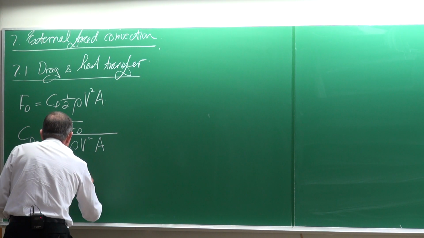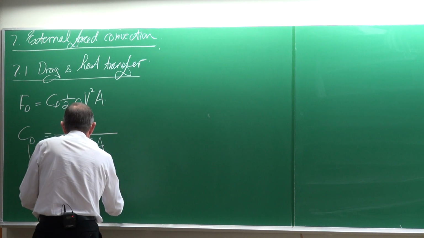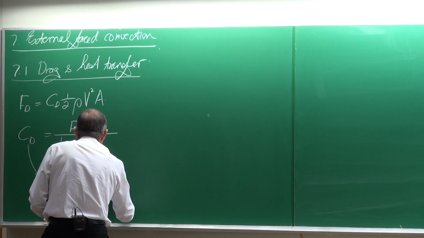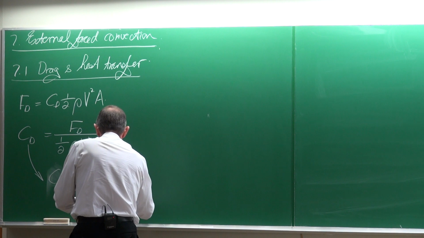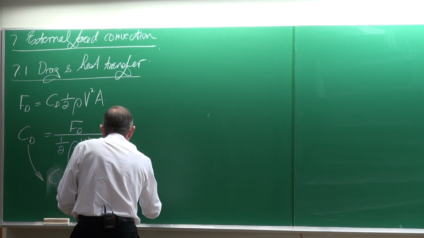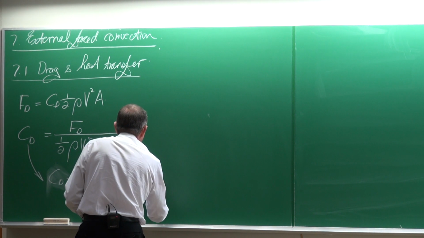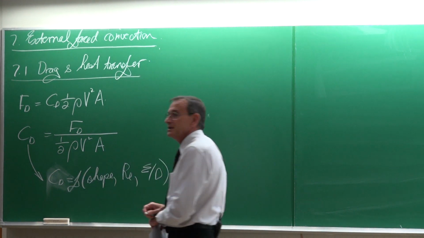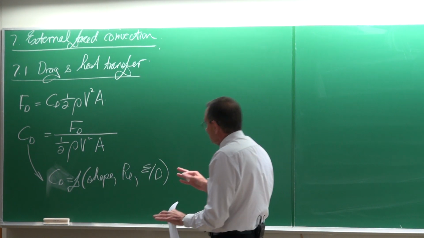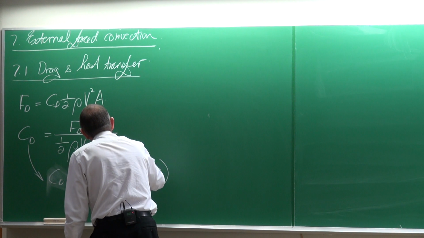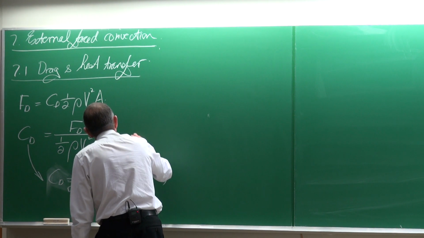If you do many of these experiments, you're going to find that the drag coefficient is a function of the shape of the geometry. It will be a function of Reynolds number and surface roughness, epsilon divided by d, and not only the shape, but also the orientation of the shape.